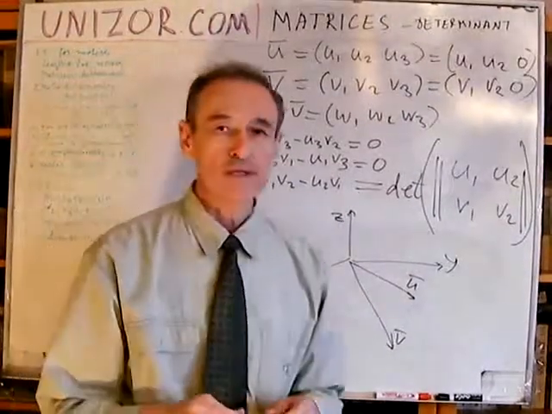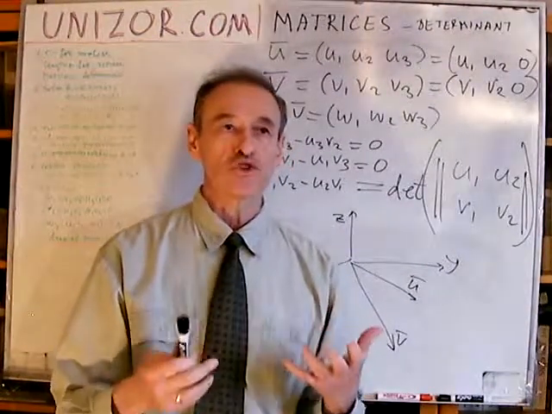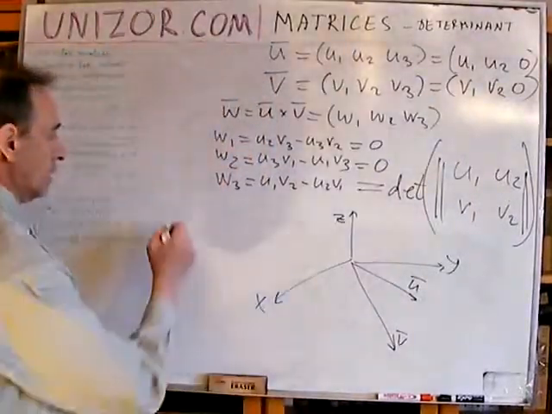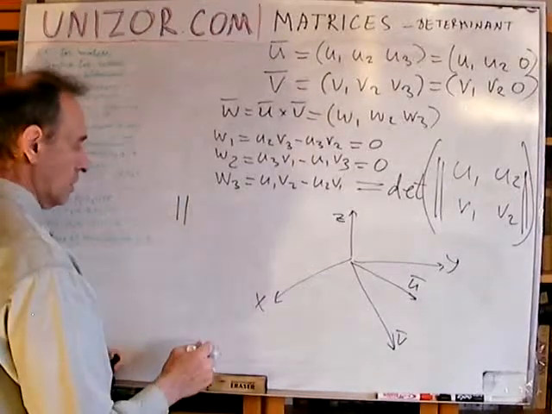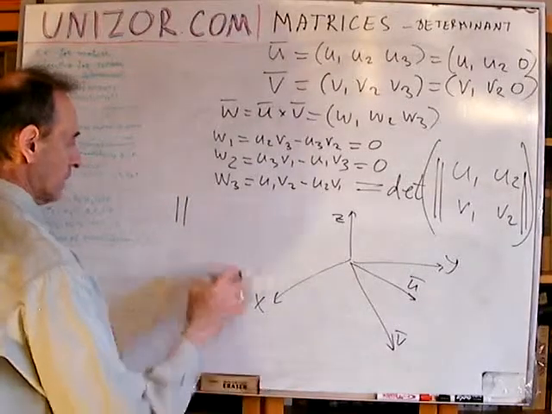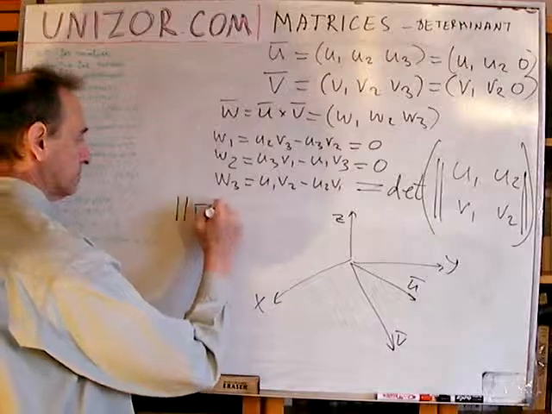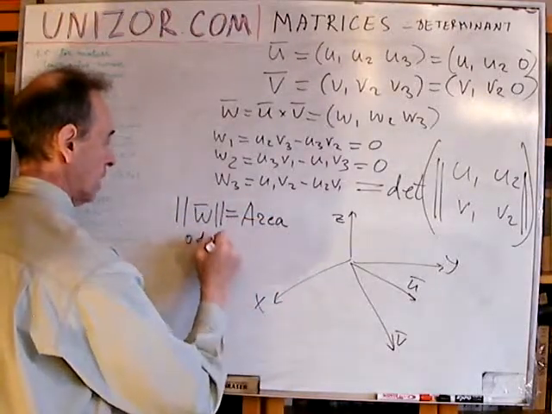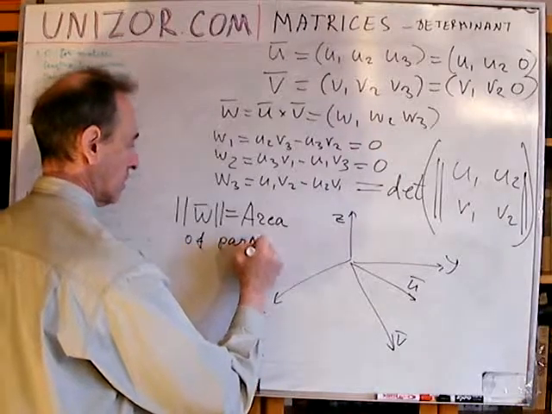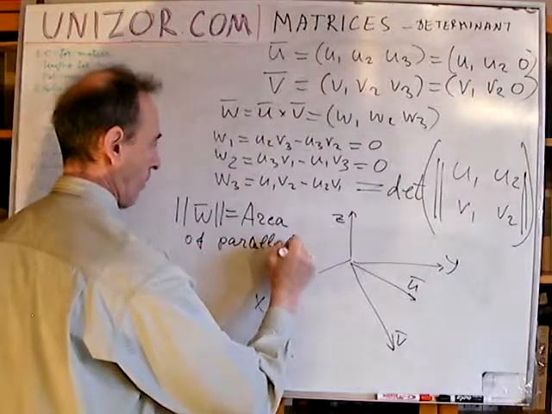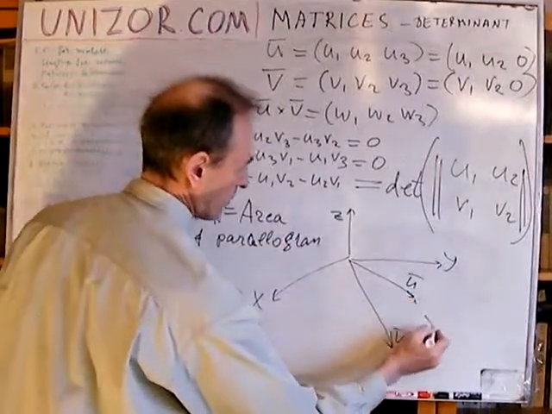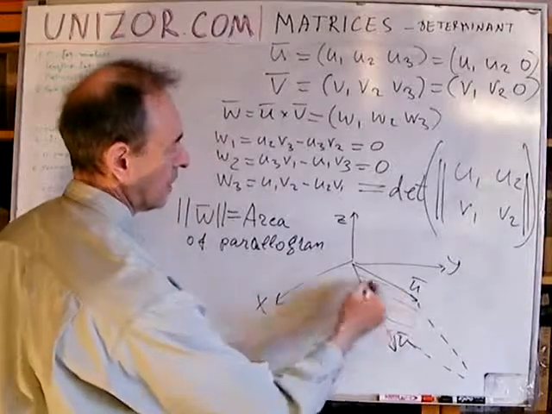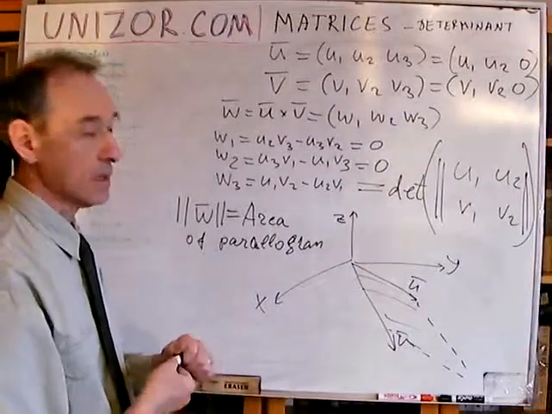And now, what was the geometric meaning of the vector product? If you remember, the absolute value of vector w is the area of the parallelogram, this one, the parallelogram which is built on both vectors u and v.